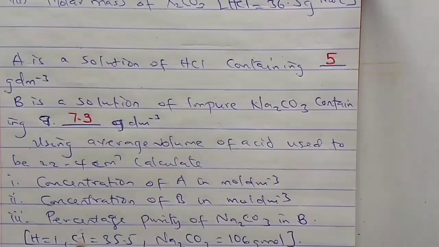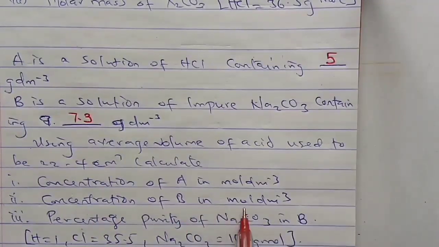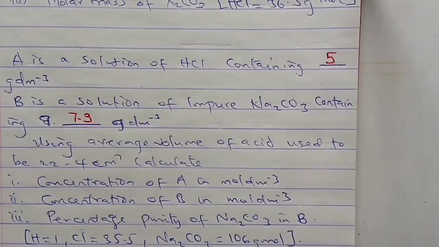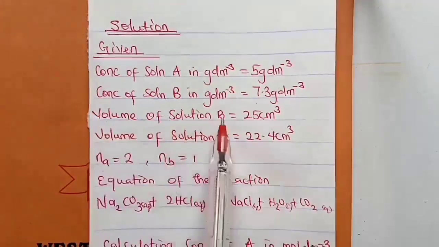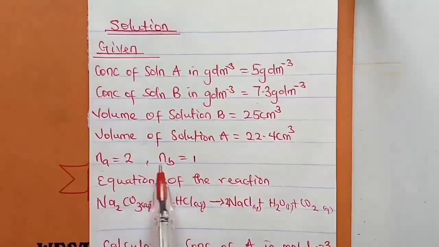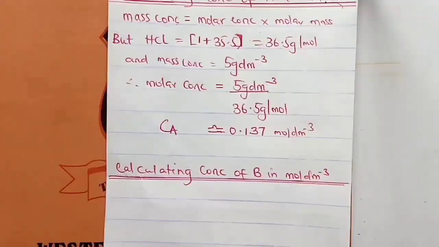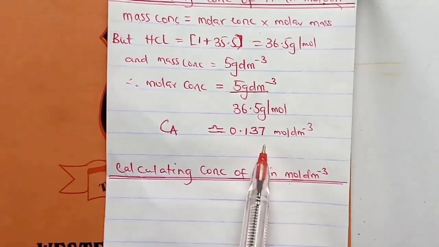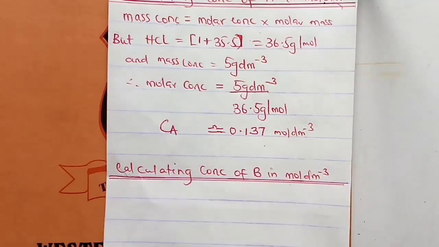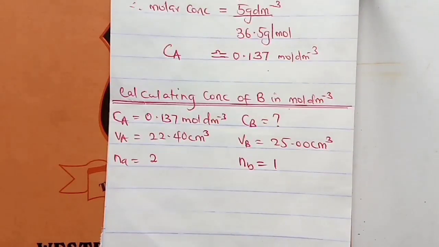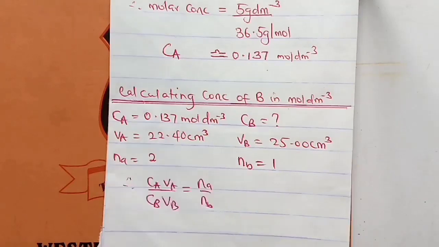The second question asks us to find the concentration of B in mole per dm cube. Remember, we have VB, VA, NA, NB, and we have also gotten CA. Therefore, let's write out all the parameters we have and know the one that we don't have. From this, we can use the formula CAVA over CBVB equals NA over NB.